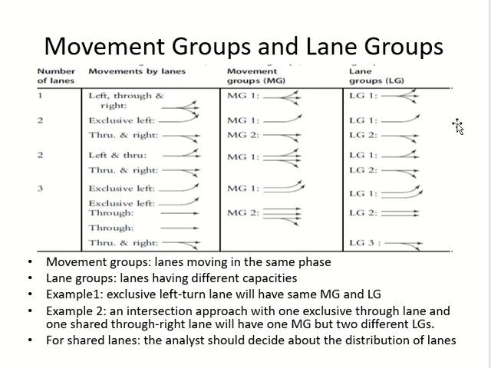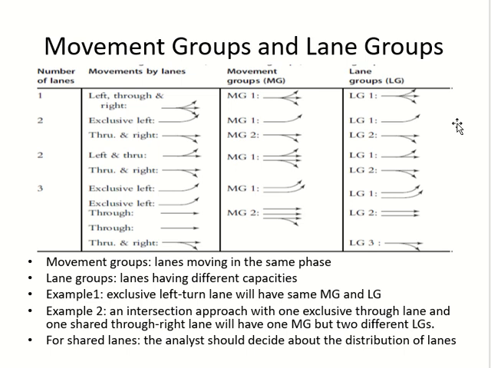Clear? So this is how we make movement groups. You have to see which lanes have completely different movement than the others. If they have even one common movement, they have to be in the same group.